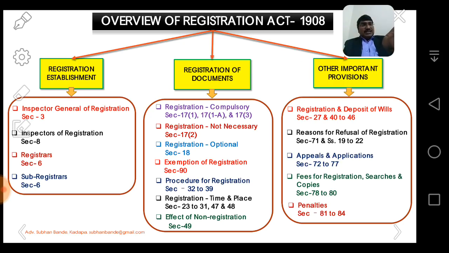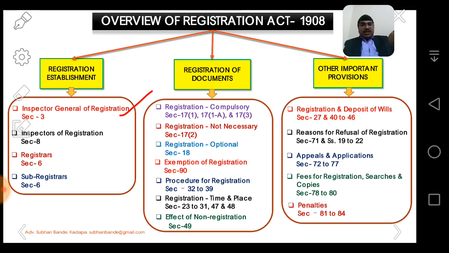The first part, that is registration establishment, speaks about certain establishment as under Registration Act. The persons appointed by the state to look after all these actions related to registration.